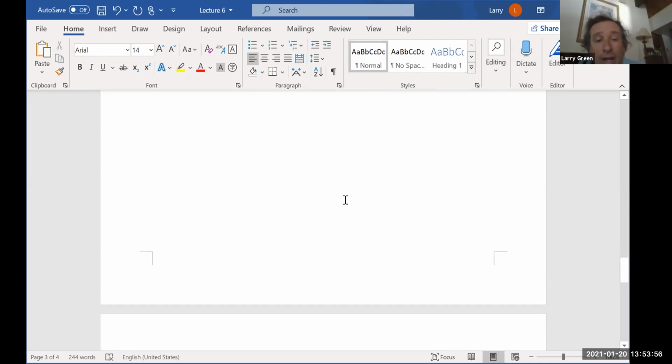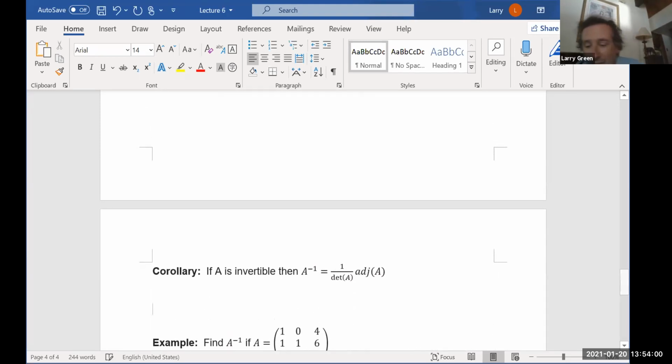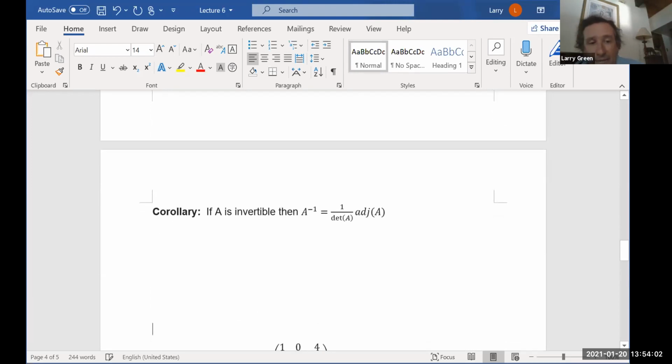So now the big corollary. The corollary is that if A is invertible, and that's the same thing as saying the determinant is non-zero, then A inverse is 1 over the determinant times the adjoint of A. Any questions on that? And that's a main theorem.